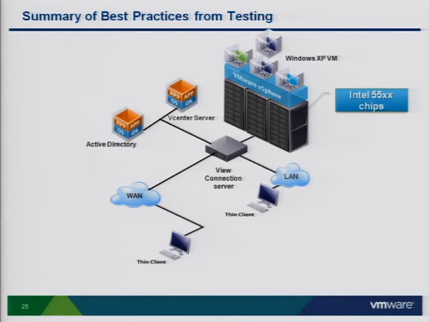AMD has equivalent technology. It's called AMD-V and AMD RVI. I forget the names of the chips in the AMD series. I think it's Shanghai or something. But use of the right hardware is critical to success, and Nehalem is the way to go, or using chips that have hardware virtualization support is the way to go.